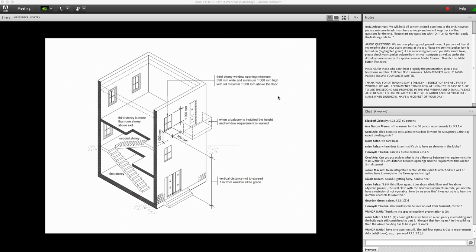So then you do not have to protect the soffit. Other than that, if the construction is not a fire separation, then you still have to protect the portion of the soffit that extends to the eave. I believe this answers your question.